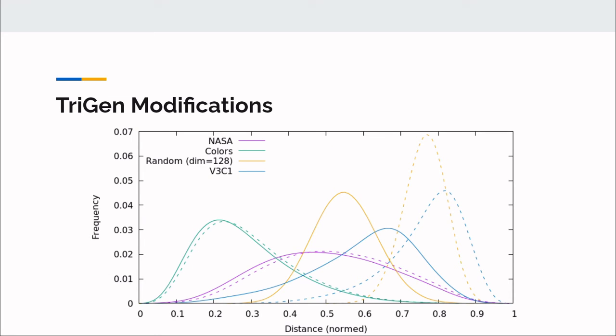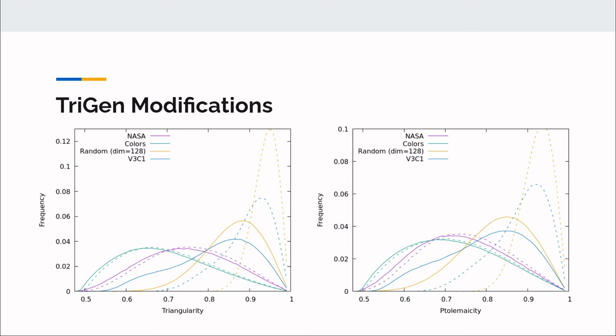The improvement is visible in the distance distribution too. In this figure, we can see the distance distribution for several datasets before, dashed line, and after, solid line, applying the TriGen. For the low-dim datasets, the change is small, in contrast with high-dim datasets.